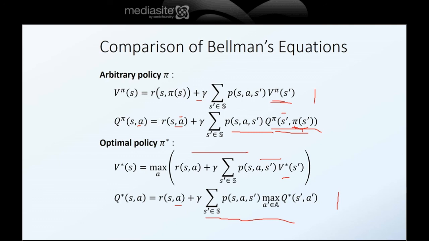So these are Bellman's equations. This is for any policy pi, and this is for the optimal policy. Here we have a max for the value function, and we have the max here for the Q value function.